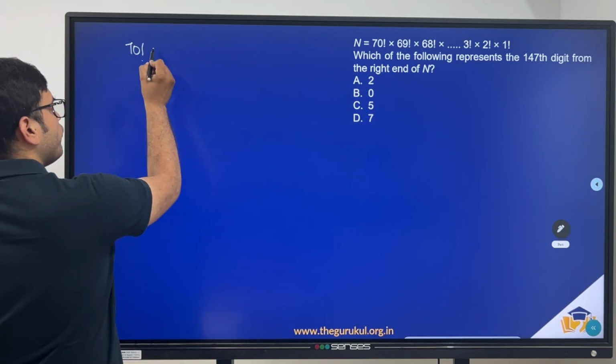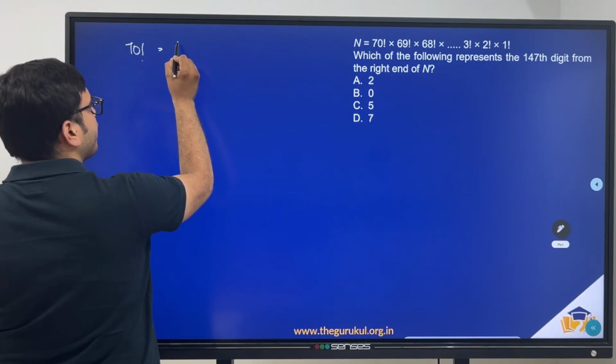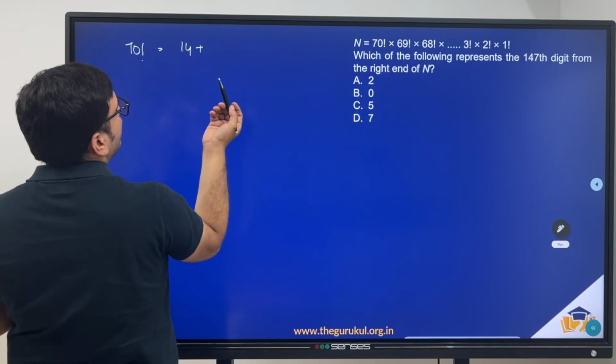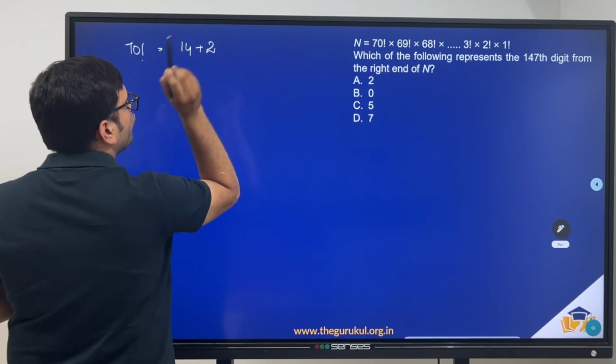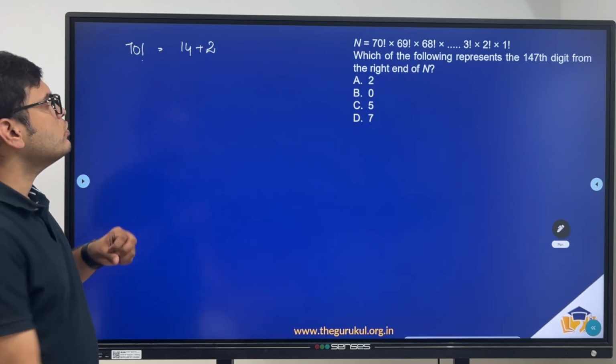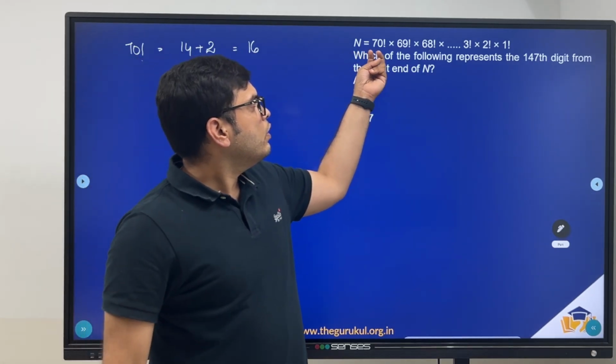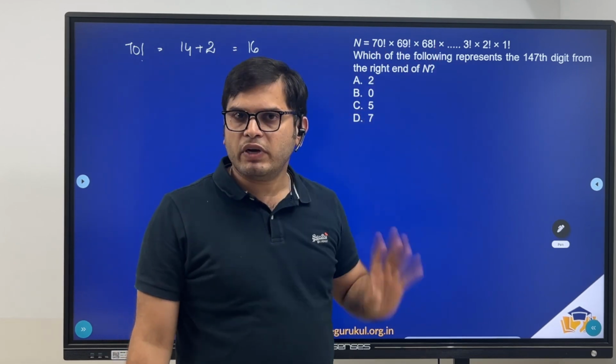So the number of zeros in 70 factorial would be 70 by 5, 14, plus 14 by 5, 2. So you have a total of 16 trailing zeros in 70 factorial.